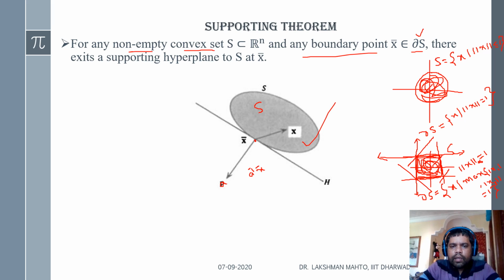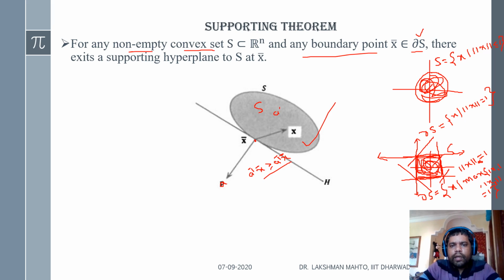Direction is a. So clearly in the direction of the normal you can observe that a transpose x bar is greater than or equal to. Remember that here I am not talking only about separation, I am talking about supporting as well. So here the bias term would be defined in terms of your boundary point.